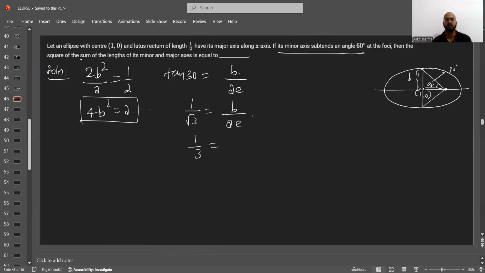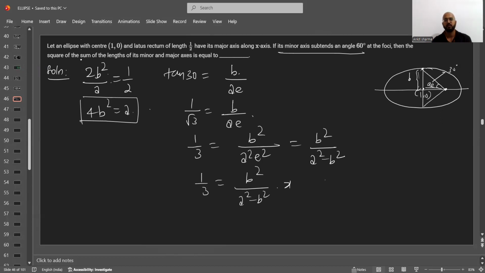So 1 by 3 is equal to B square over A square E square. Now A square E square is nothing but A square minus B square. So now we have the equation 1 over 3 is equal to B square over A square minus B square.